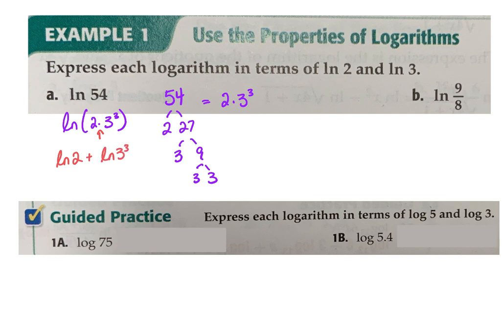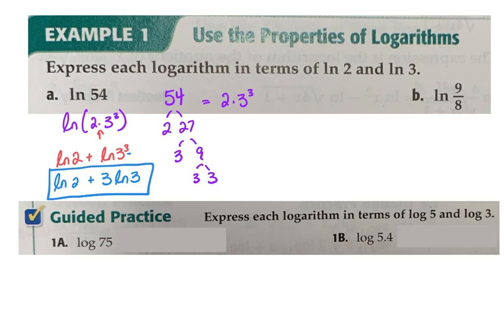That's my product property. Because they're being multiplied, I can split them up with an addition sign. All right, I have an exponent property here that tells me I can move that in front. So I have the natural log of 2 plus 3 times the natural log of 3. And that is the expansion of that one.